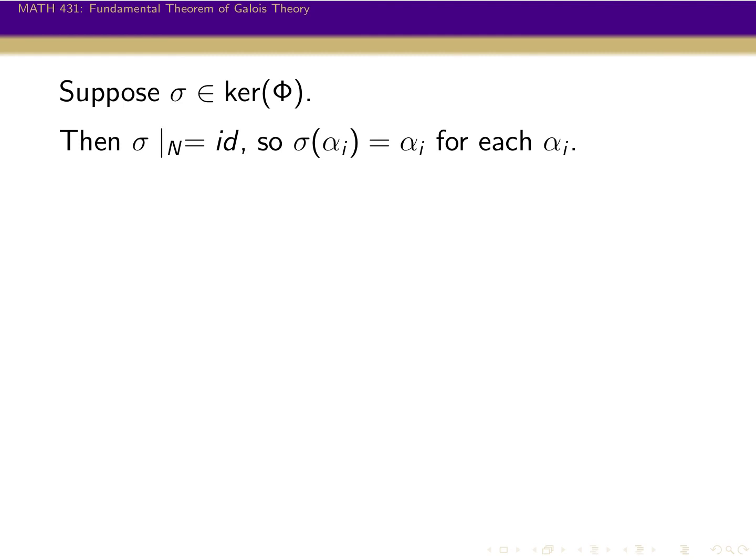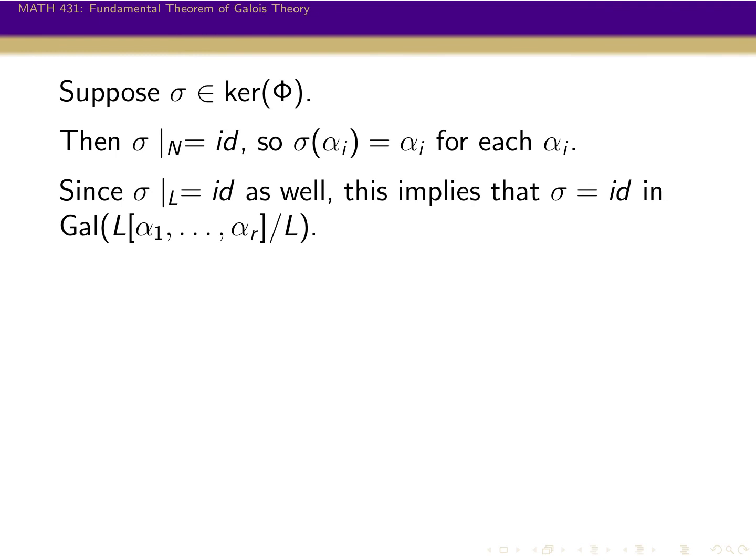So that means that sigma of alpha I is equal to alpha I for each alpha I, because each alpha I is inside N, by construction. Furthermore, since this is in the Galois group over L, that means that it fixes L. So sigma restricted to L is also the identity. And so putting these two things together means that sigma can only be the identity.